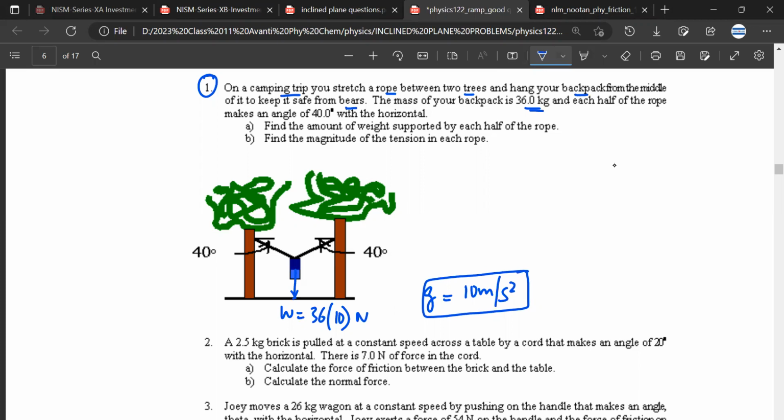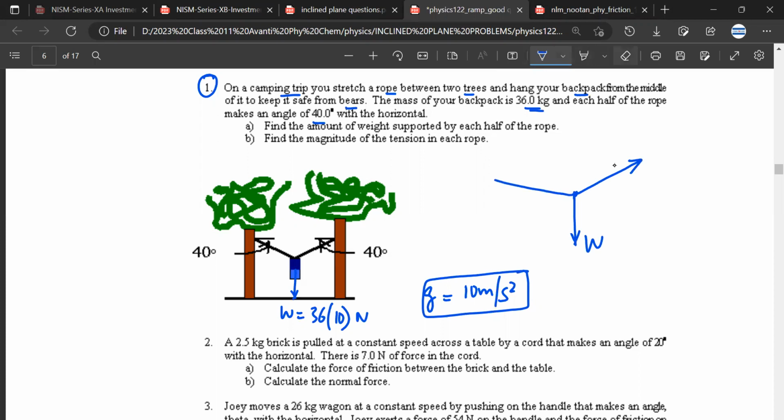Yes. And each half of the rope makes an angle of 40 degrees with the horizontal. So let's try to understand this. देखिए, weight आपका would be vertically down. These are the two halves.